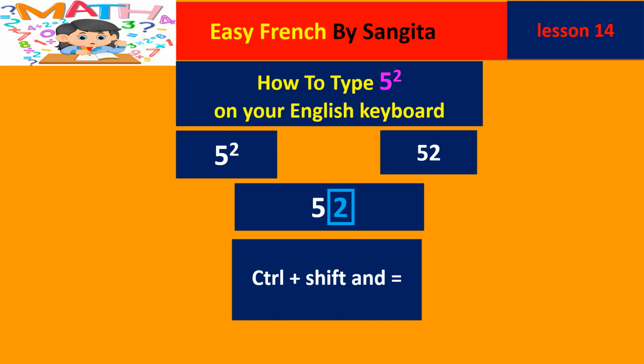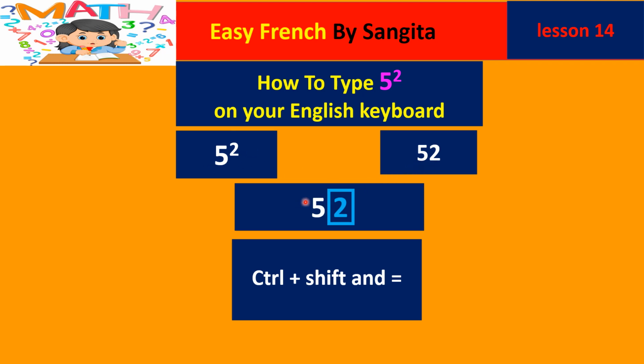Let us see how to type 5 square on your English keyboard. First of all, for typing this 5 square, write 5 and 2. You can also change the numbers, whatever power you want to use. I'm using 5 square over here, so I've written 5 and 2.